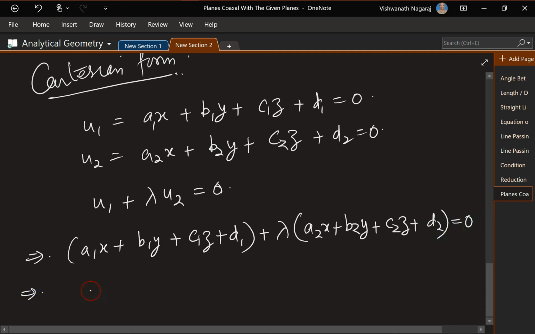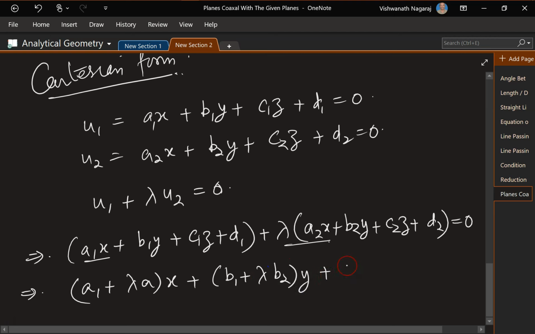Which implies, let's take this and this: a1 plus lambda a2 times x plus b1 plus lambda b2 times y plus c1 plus lambda c2 times z plus d1 plus lambda d2 equal to 0.